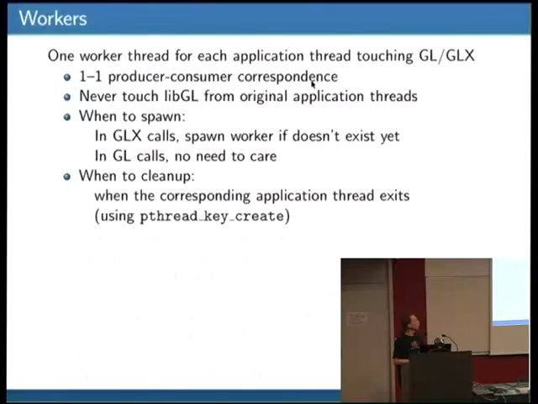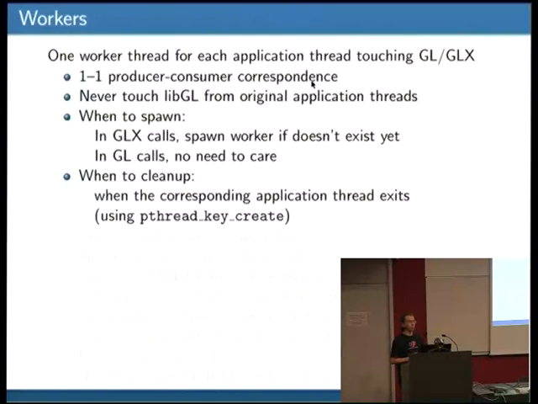So to make the threaded GL float, we need the worker thread, and the model that I'm using is to have one worker thread for each application thread that happened to do something with GL or GLX.